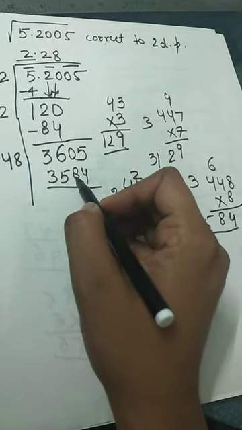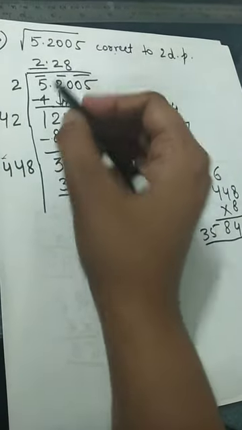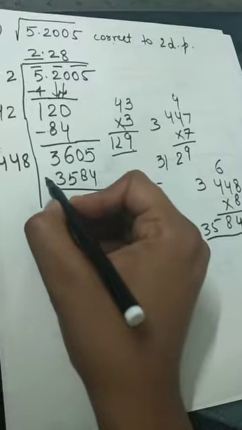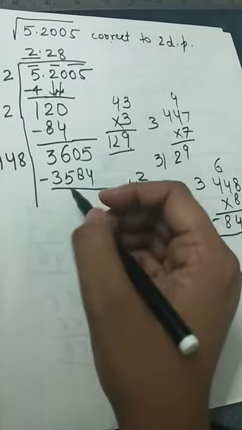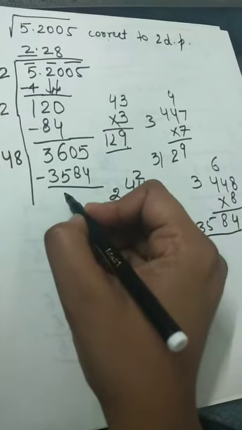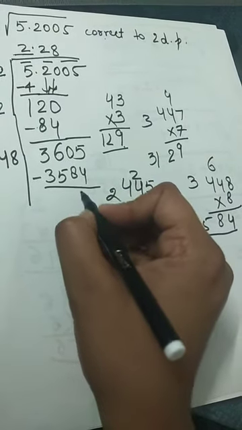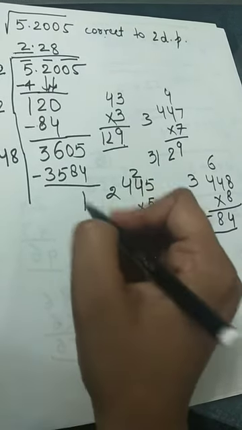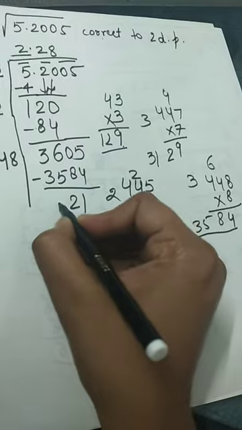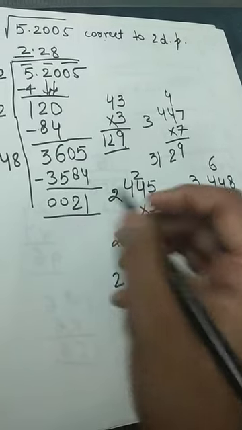We will write 8 and put carry 3. 8 4s are 32 and this will be 35. Now we will subtract. This will be 2 and the rest will become 0.